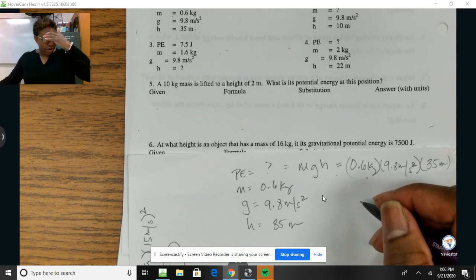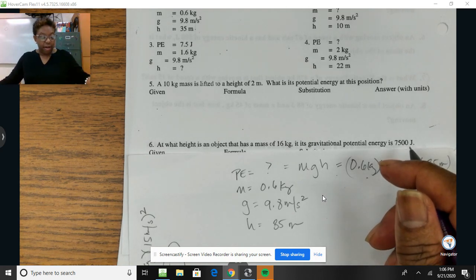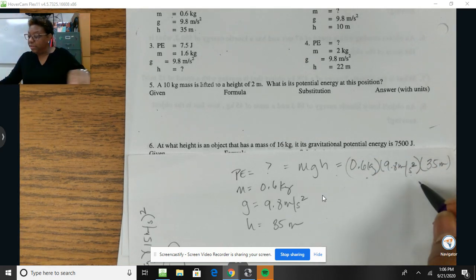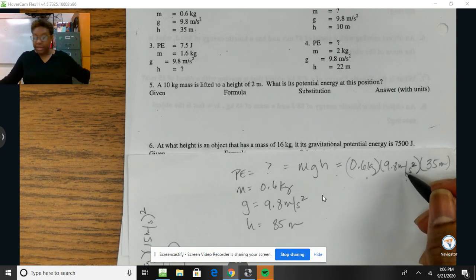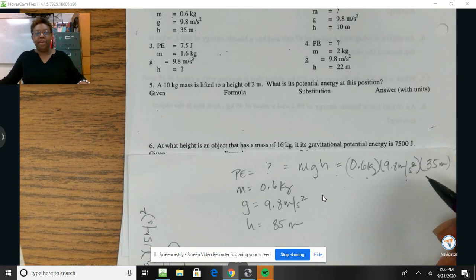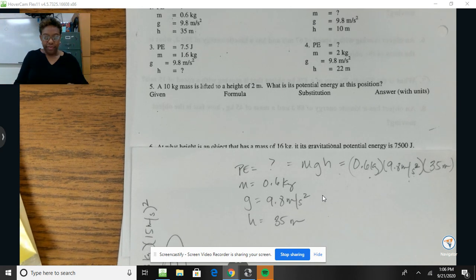So for this particular problem, we're going to multiply 0.6 by 9.8 by 35.